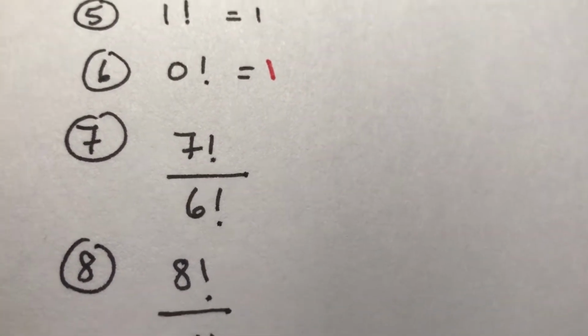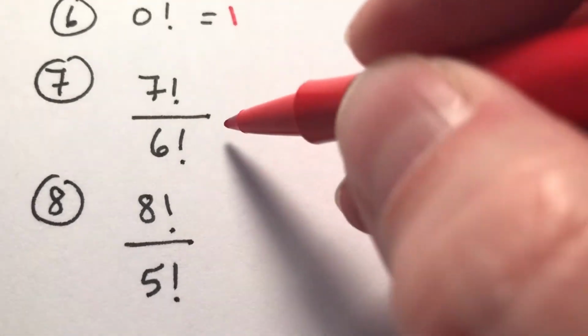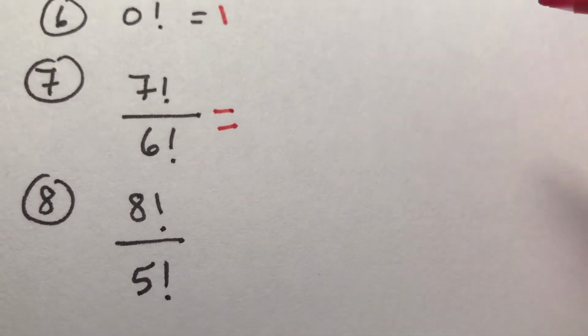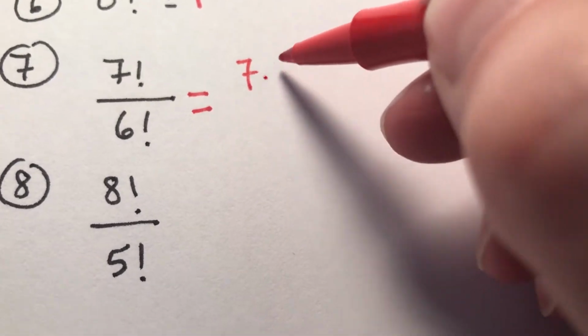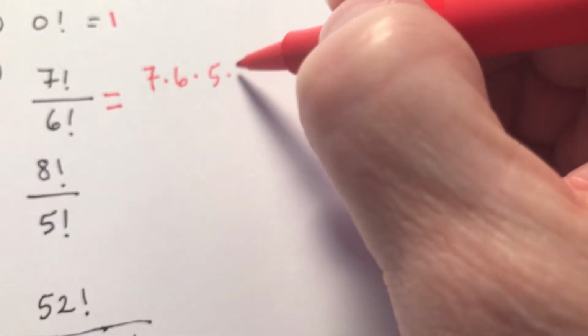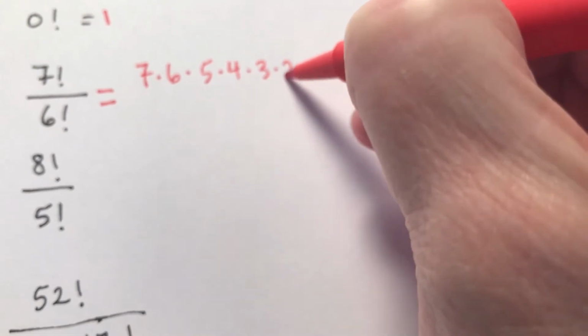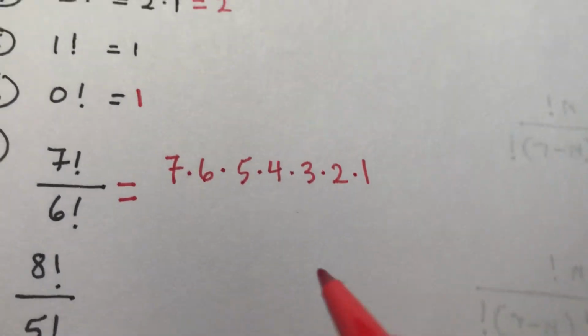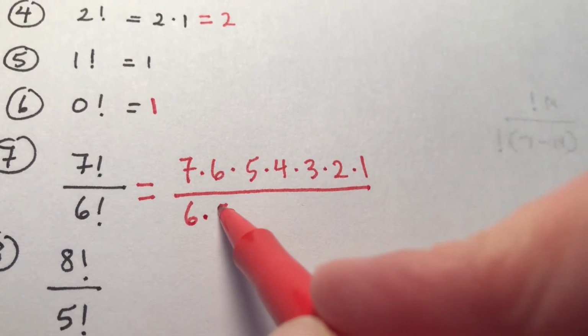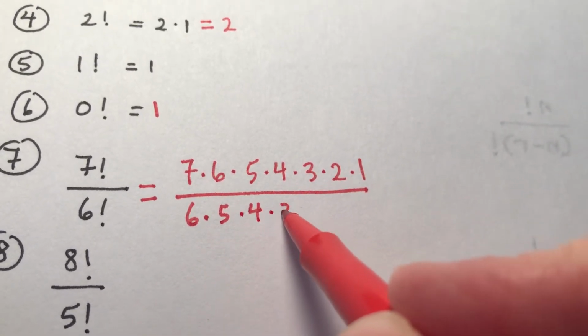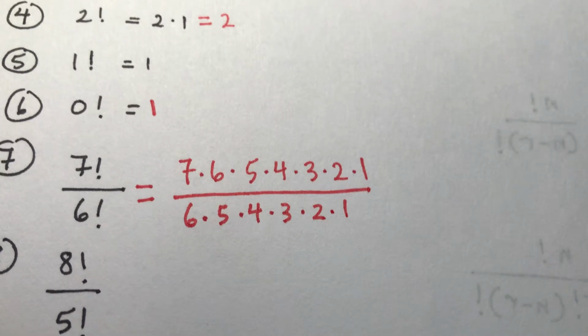You get the idea. Now number 7 is 7 factorial over 6 factorial. So that means 7 times 6 times 5 times 4, like that, over 6, 5, 4, 3, 2, 1.